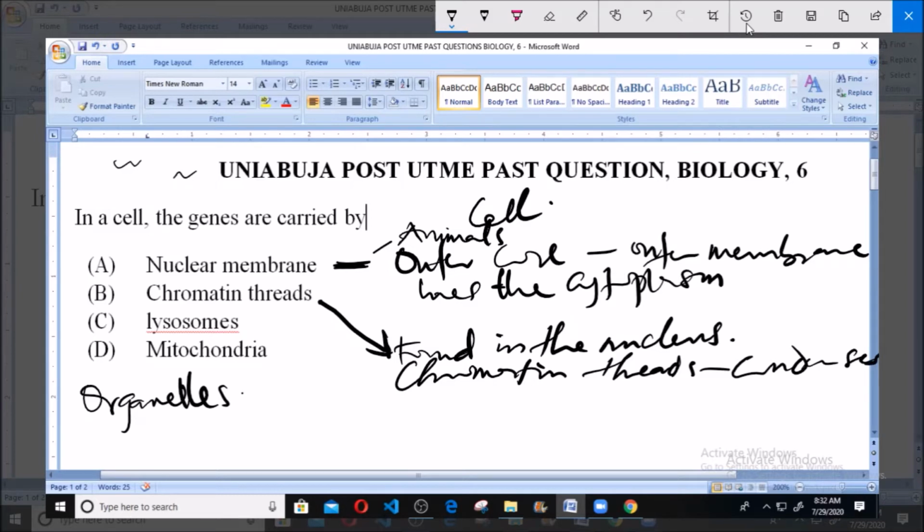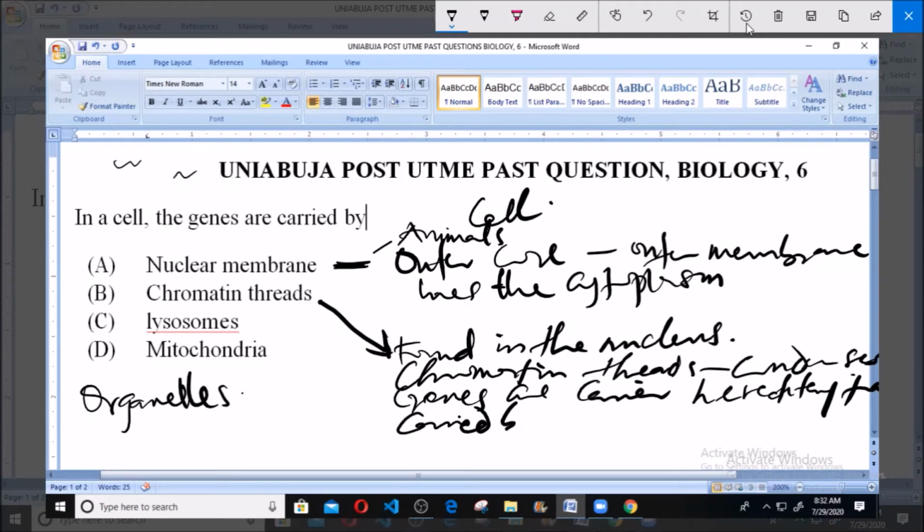Now, these genes are carriers of hereditary traits. These carriers that are called genes are carried by the chromatin threads.